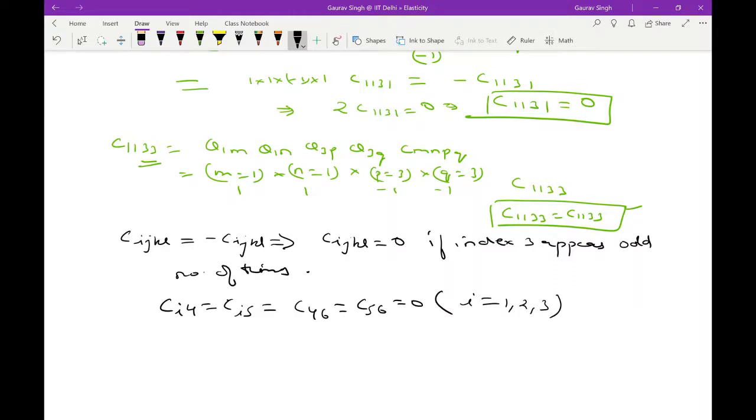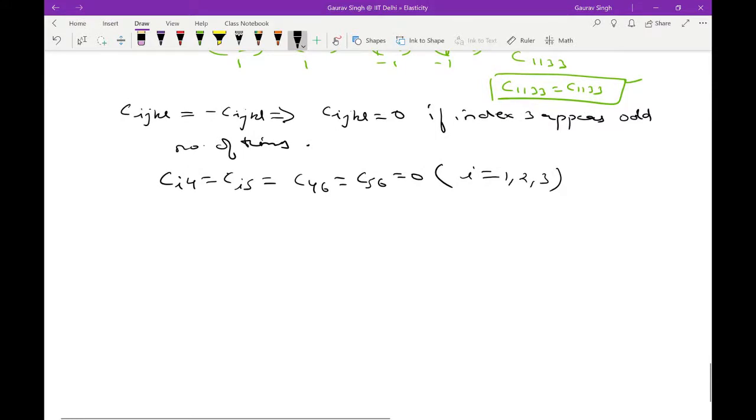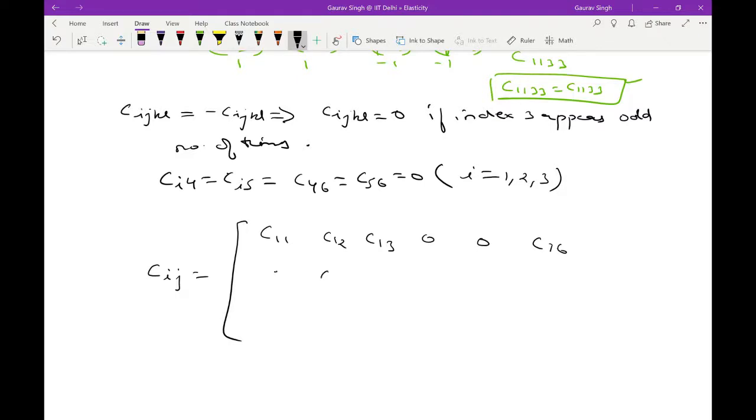Okay. So this would mean that this elasticity tensor will take the form C11, C12, C13, 0, 0, C16, C22, C23, 0, 0, C26.